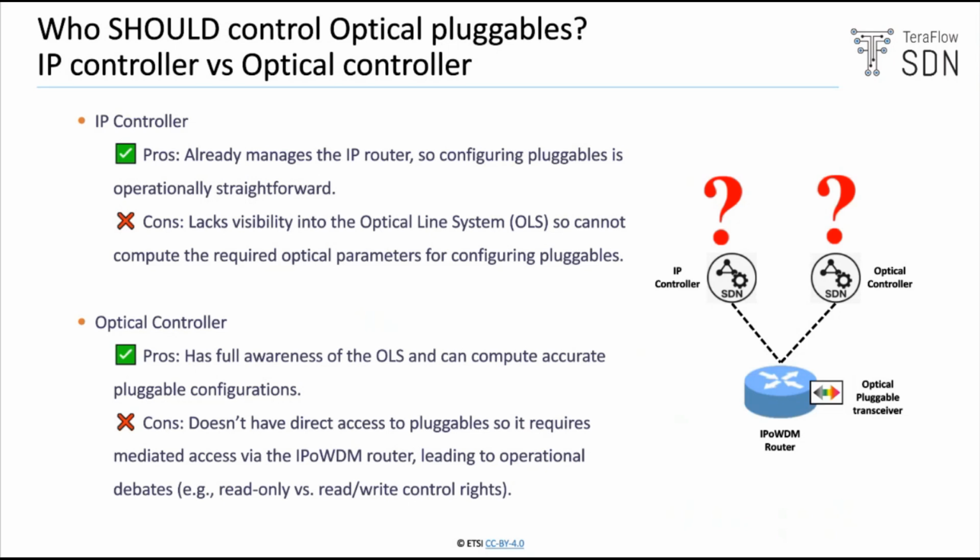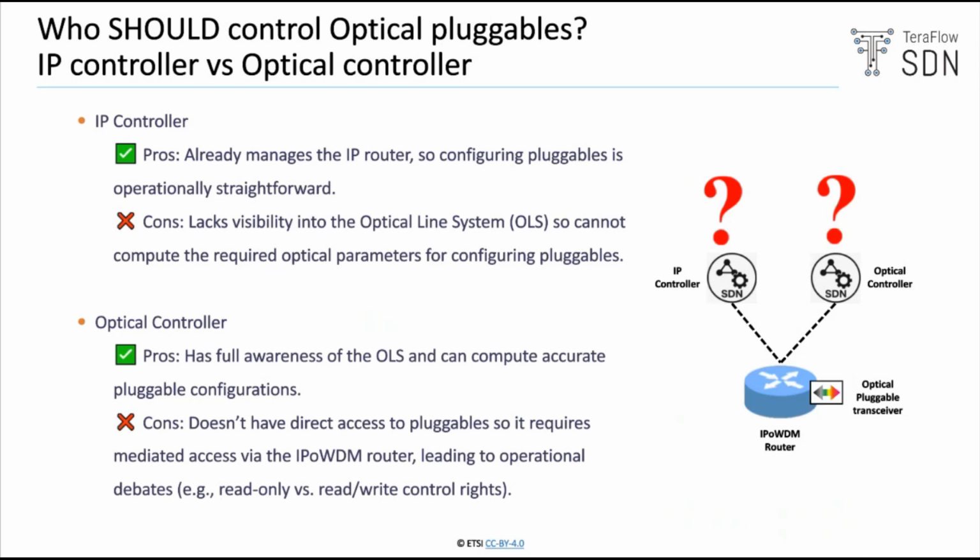So we have the IP controller and the optical controller, and there are several pros and cons for each one. The pro for the IP controller is that it already manages the IP router, but it doesn't have visibility of the different wavelengths to be tuned, so it needs to talk with the OLS at least to have the information.